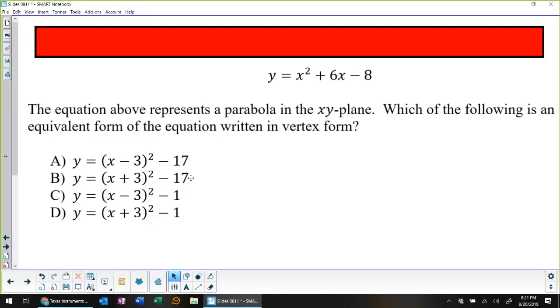Well, if they understand vertex form, they'll know that these parabolas open upward, and that the lowest point on this would either be -1 or -17. But the y-intercept in standard form is -8. If the y-intercept is -8, then -1 certainly can't be the vertex, and so they know that the choice is A. This is an important skill that students can look at 4 choices and eliminate the 2 wrong answers.